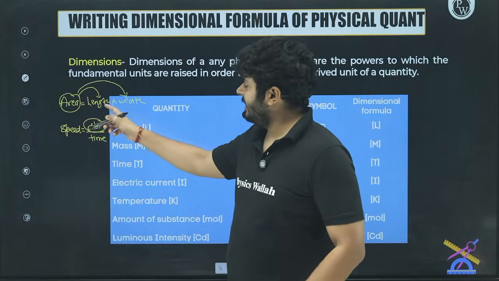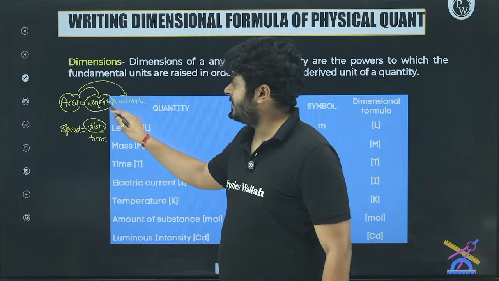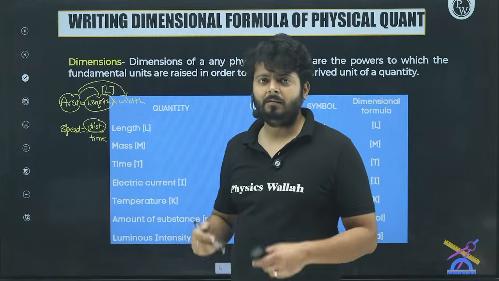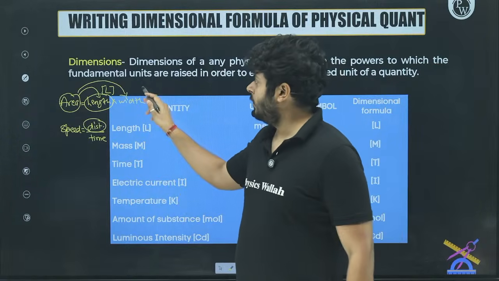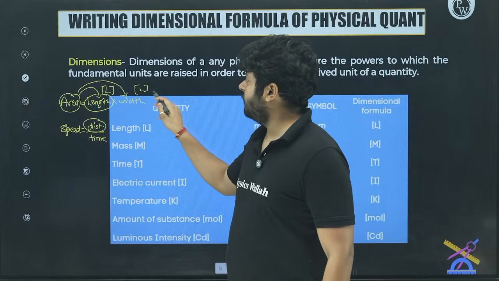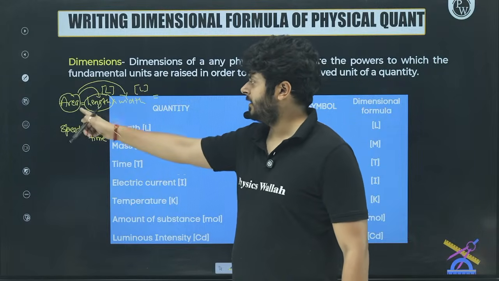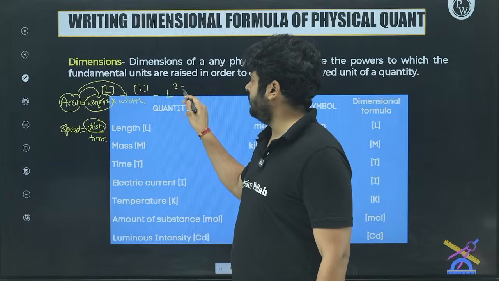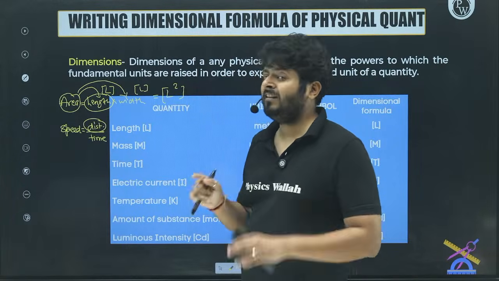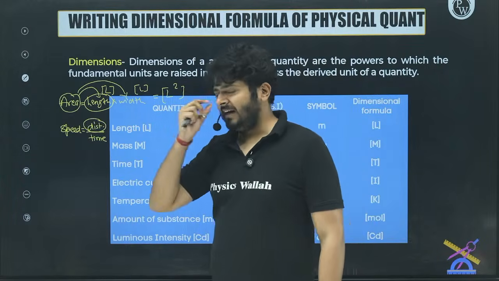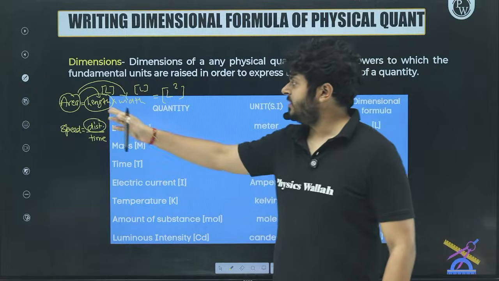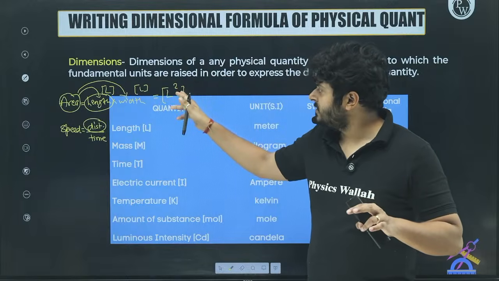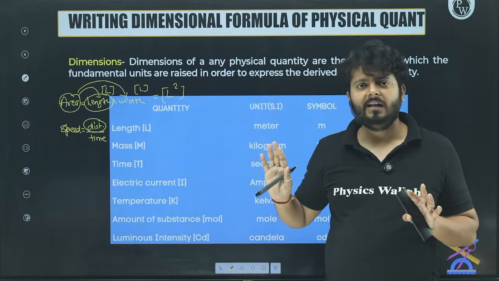So can I say that it depends on length, which is L? What power of the fundamental quantity length does the area depend upon? We can say that it depends on the second power, right? Because we have to measure the length 2 times to get the value of area. So you see that the area, which is the derived quantity, depends on the second power of a fundamental quantity, length.